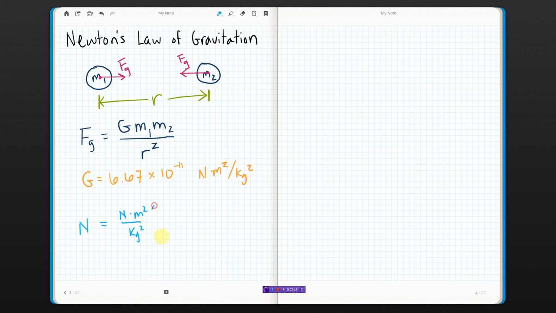And we're multiplying that by mass, which is going to be a kilogram, and mass, a kilogram, so it's going to be kilogram times kilogram over r squared. R is a distance. It will be in meters, so that would end up with meters squared. So when you put all that together, the meters squared cancel out, the kilograms squared cancels both those kilograms, and all you're left with is newtons, which is what we want.